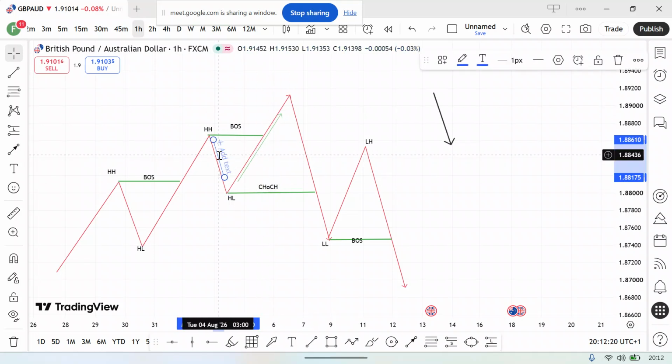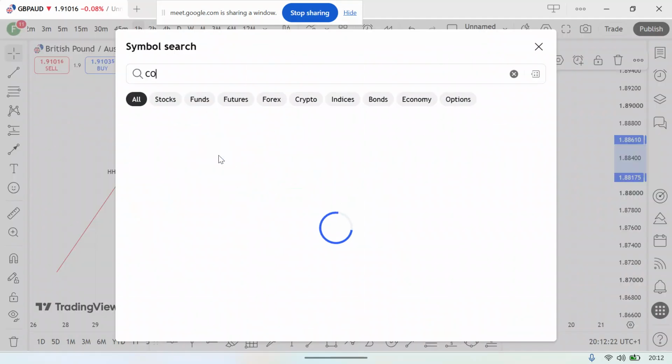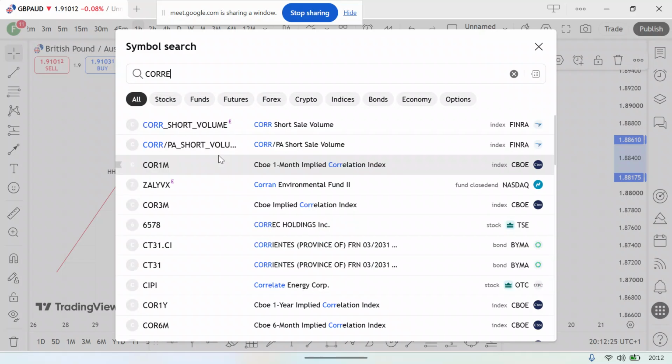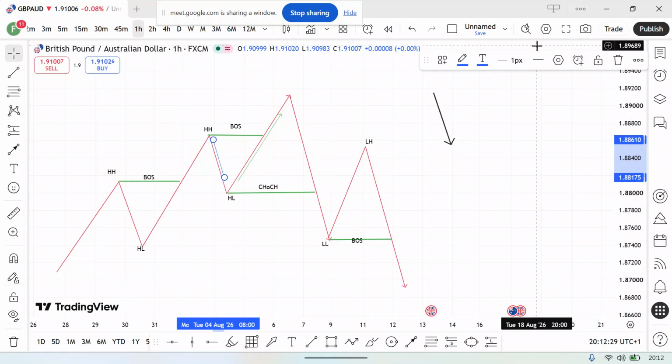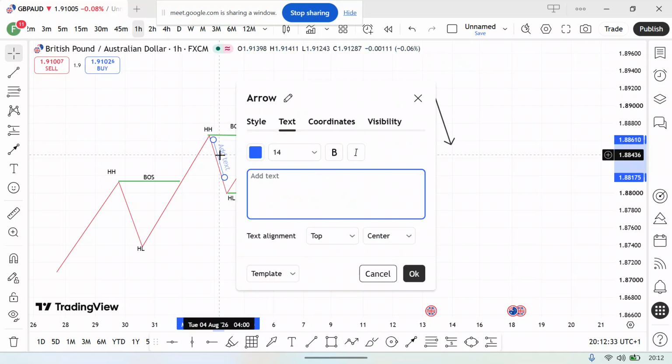I did name it yesterday. Call it correction. I call it correction.